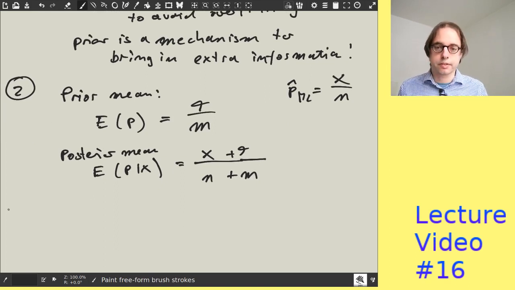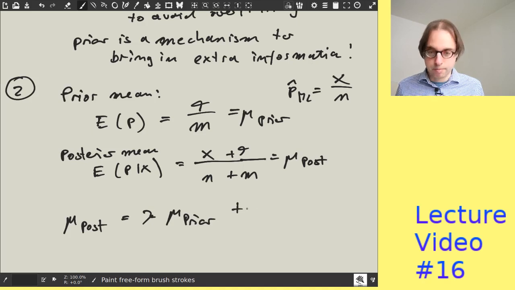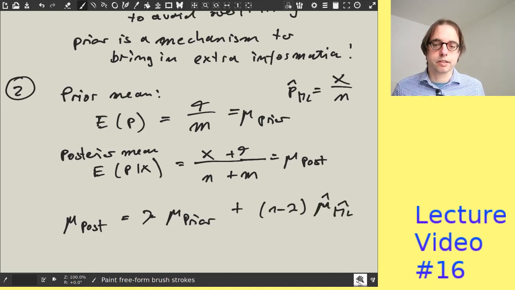this as follows. So this is our mu prior, and this is our mu posterior. So we can write mu post equals a factor lambda, that I will explain in a second, times mu prior, plus 1 minus lambda times mu hat, maximum likelihood, so this would be mu ML.